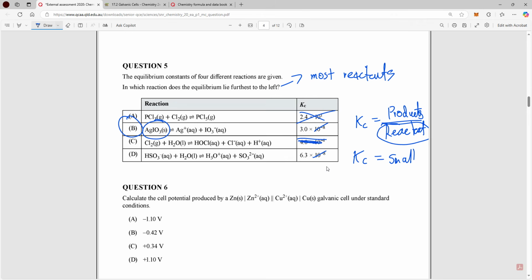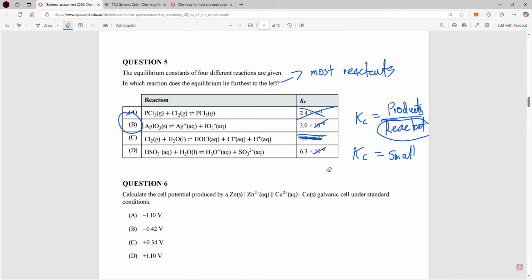Now, with this one here, just notice that's a solid. So I don't know if you can actually include that in the equilibrium constant, but I think in this case you can. I'm going to say it's B, but usually you don't include the solid.